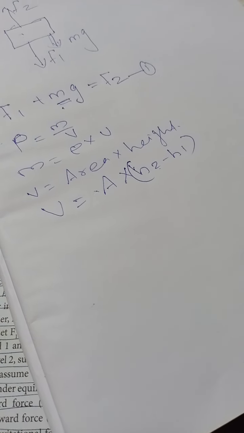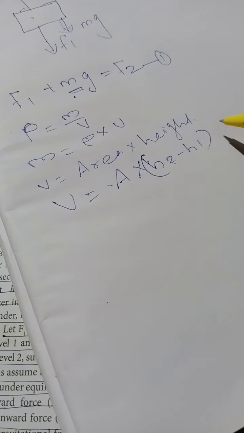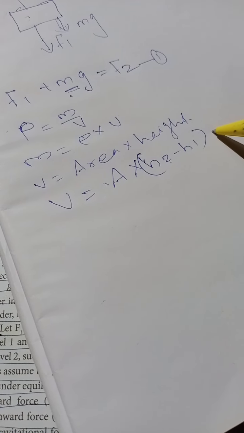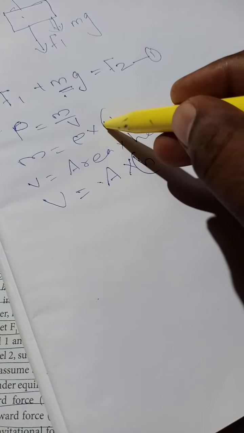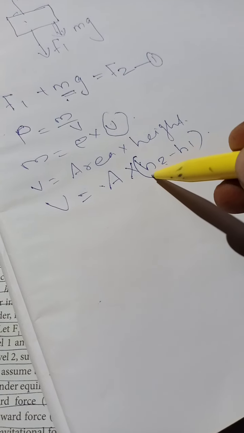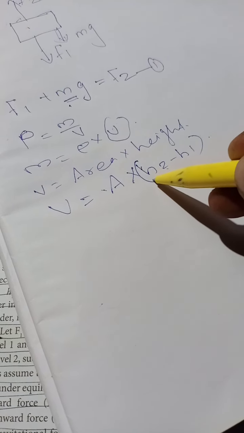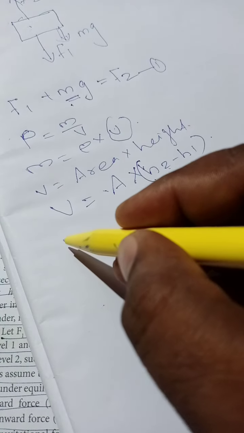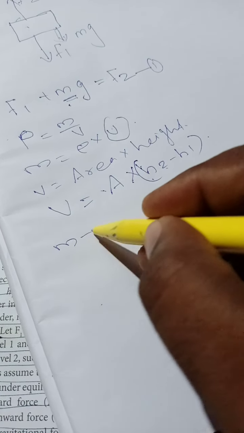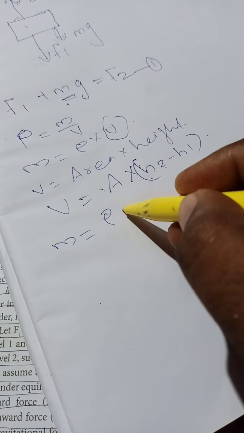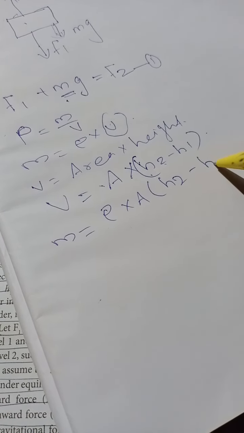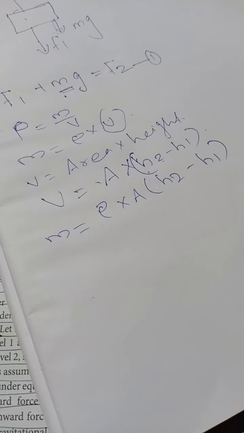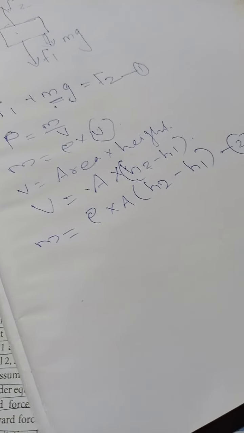Now you can take this V value in this equation. Instead of V, you have to substitute V is equal to A into H2 minus H1. So it becomes M is equal to rho into A into H2 minus H1. Now you can keep this as equation 2.